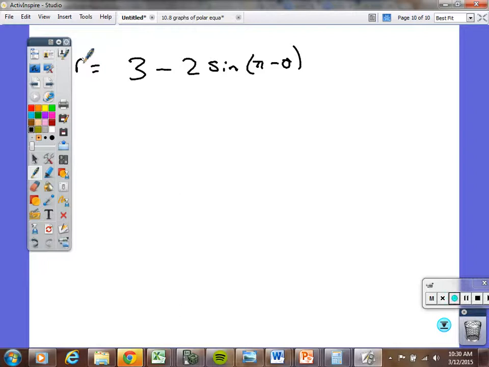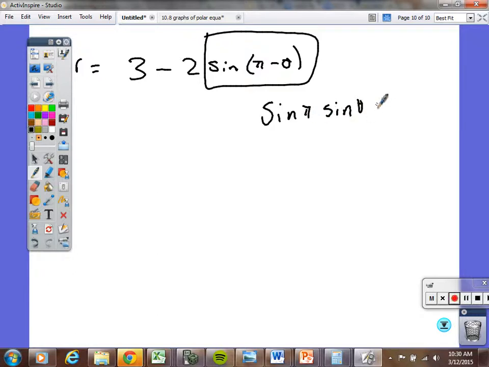I'm going to work just with this right now. I'm going to show you the sum and difference formula. I don't know if you guys remember. This is sine of pi, cosine of theta, minus cosine of pi, sine of theta. I think that's what it was.